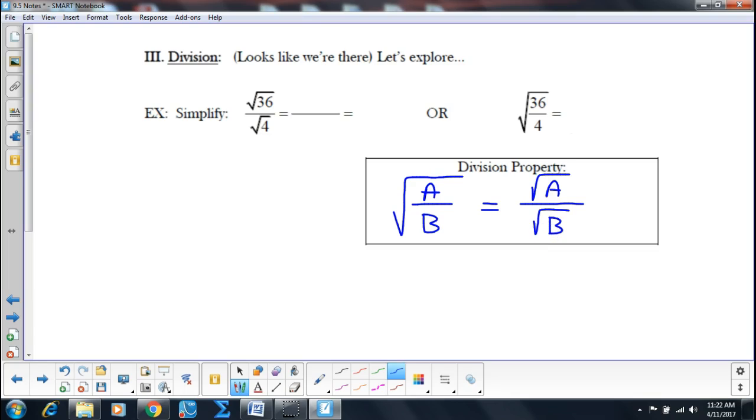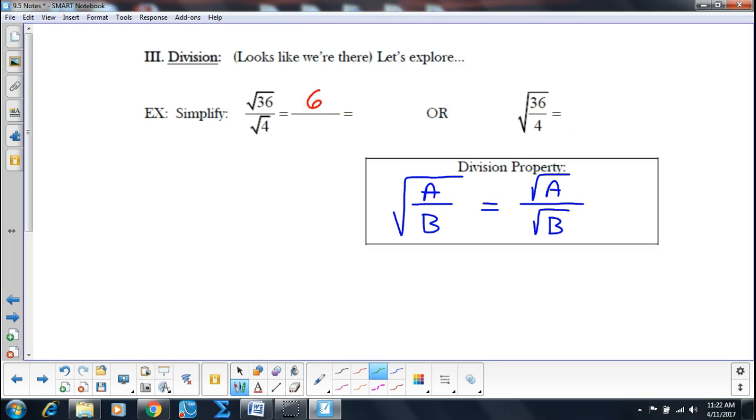So sometimes it might be easier to use it as one fraction in the radical. Sometimes it might be easier to use it as a radical of the numerator and a radical of the denominator. Top and bottom. So, for instance, here we could say the square root of 36 divided by the square root of 4 is, the square root of 36 is 6.